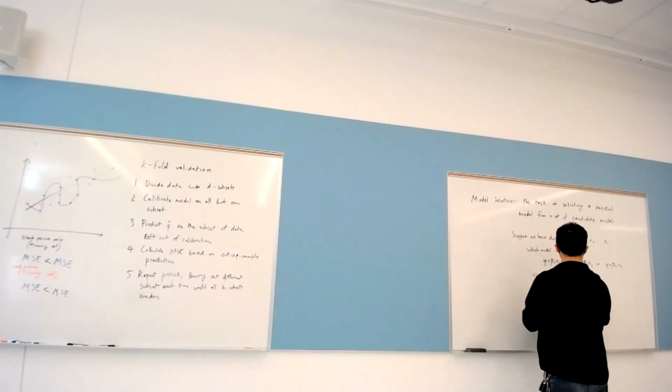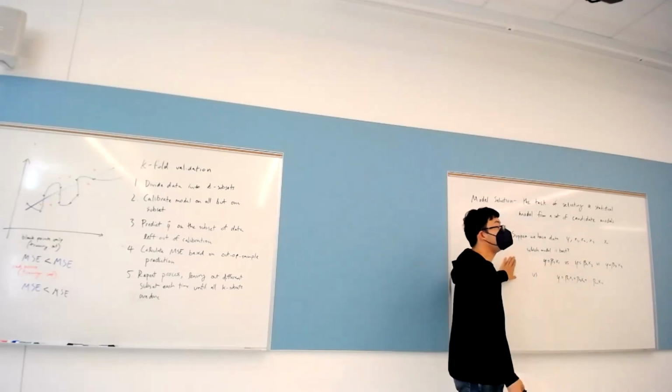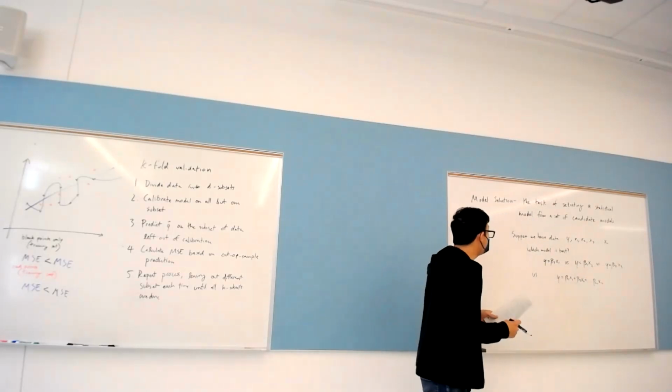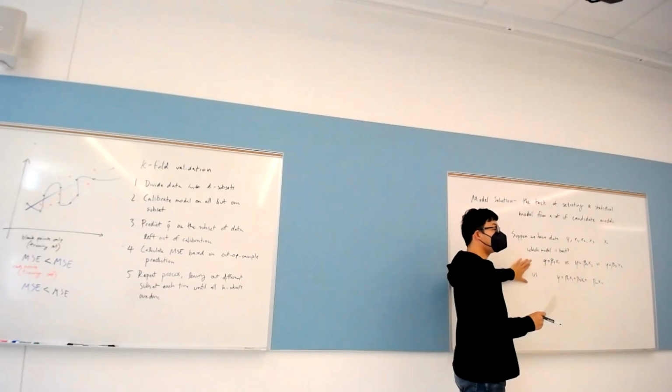Or y equals beta 1 x1 plus beta 2 x2 plus, right? We have a whole bunch of different possible models that we can test. And so you can imagine that the number of combinations increases very quickly.